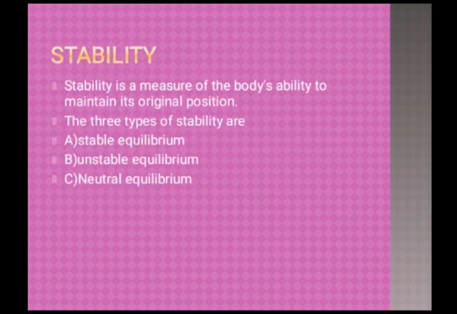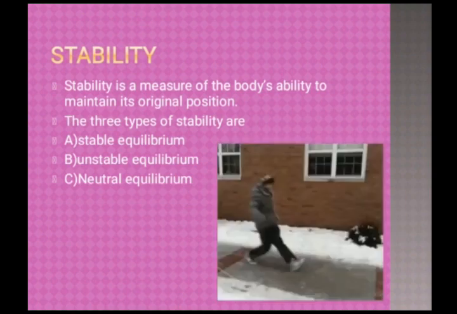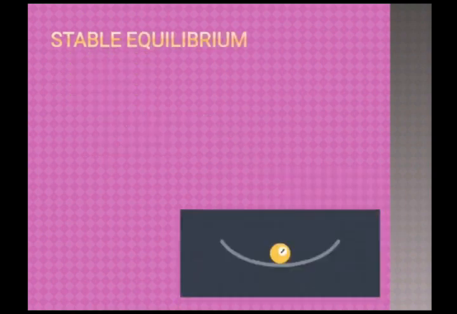Next, we will discuss stability. Stability is a measure of the body's ability to maintain its original position. The three types of stability are: stable equilibrium, unstable equilibrium, and neutral equilibrium. First, we will see stable equilibrium.